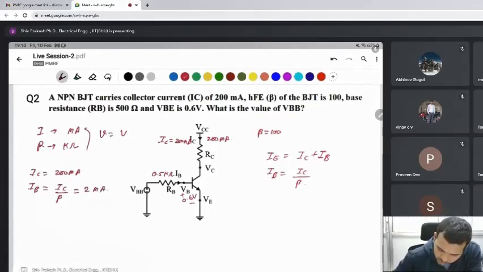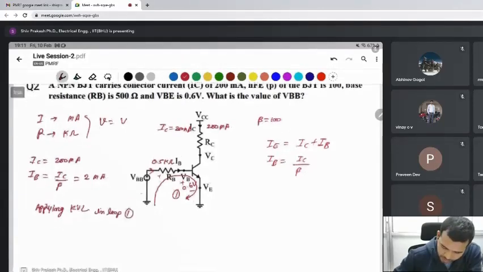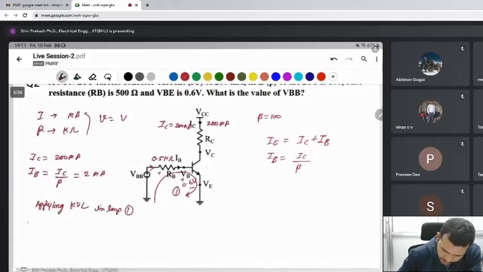Hence, since you know IB, you can use KVL in this loop. Apply KVL. You find minus VBB plus IB into RB plus VBE is equal to 0.